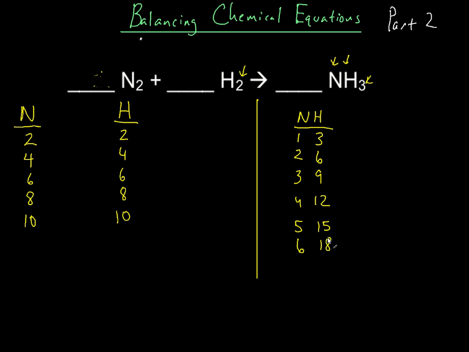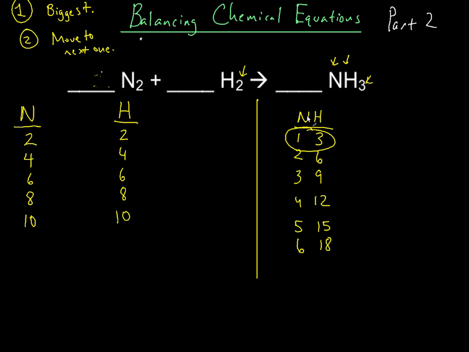Okay, so the general rule for solving chemical equations, at least my rule, is to always go for the biggest one first. And once we get done with the biggest one, we will just move to the next one. So let's look at nitrogen. Let's say that we had 1 molecule of nitrogen.